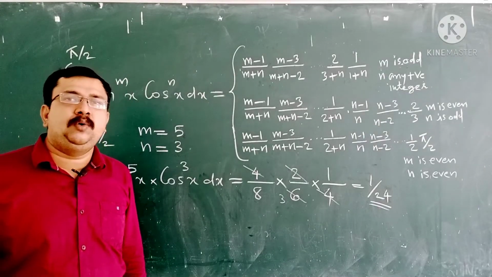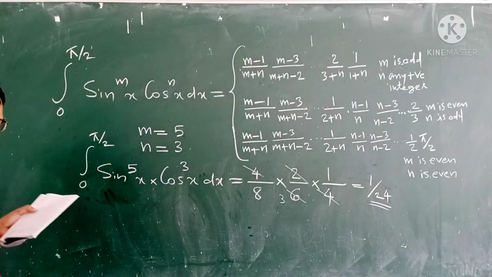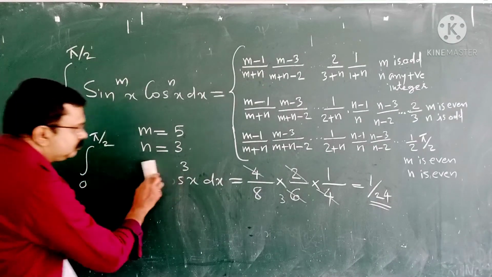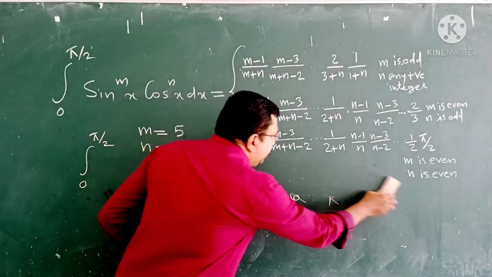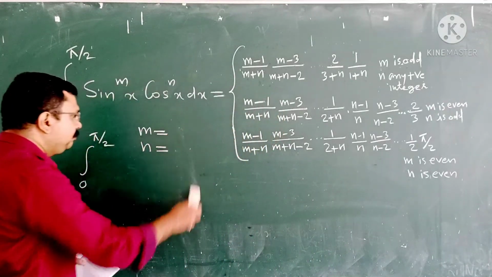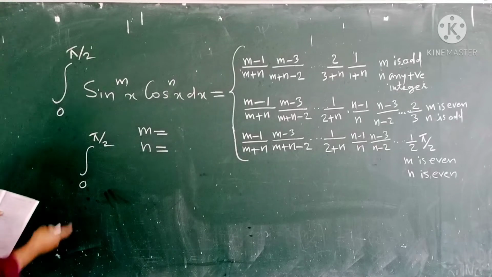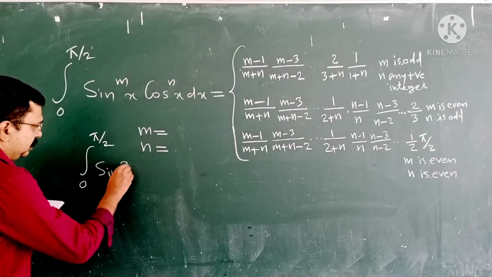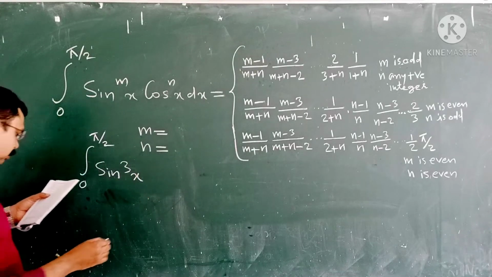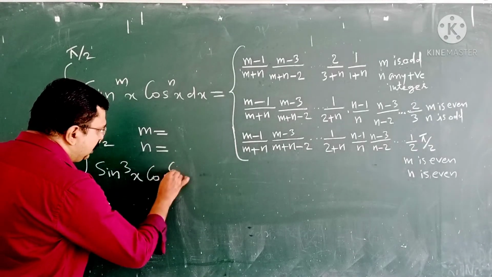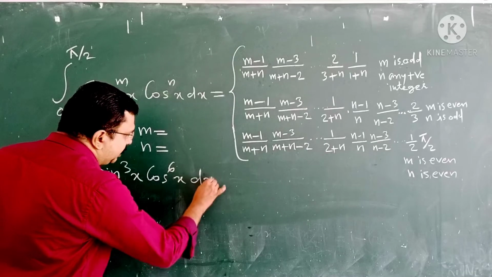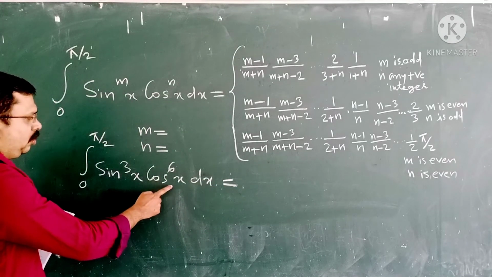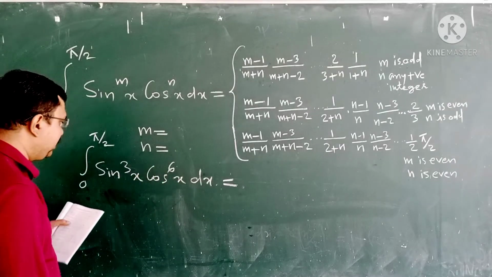Now we can do another problem. Second question is, listen: find the integral from 0 to pi by 2 of sin^3 x into cos^6 x dx.